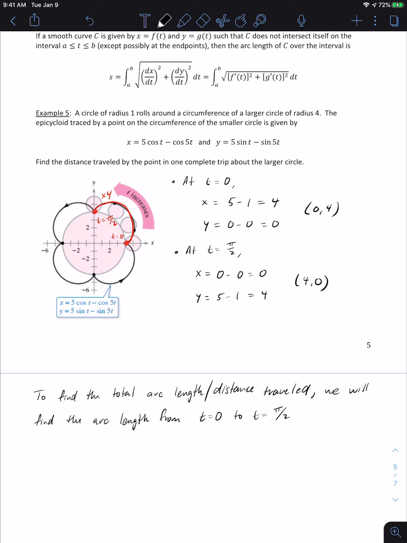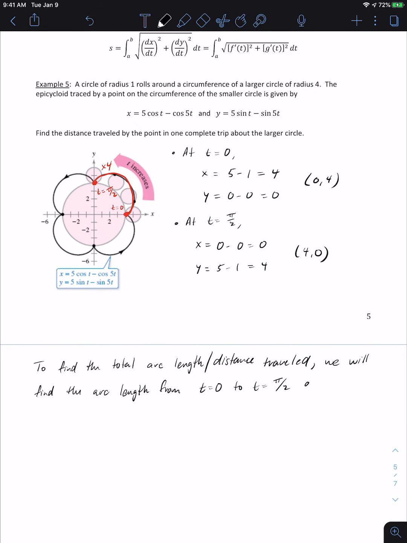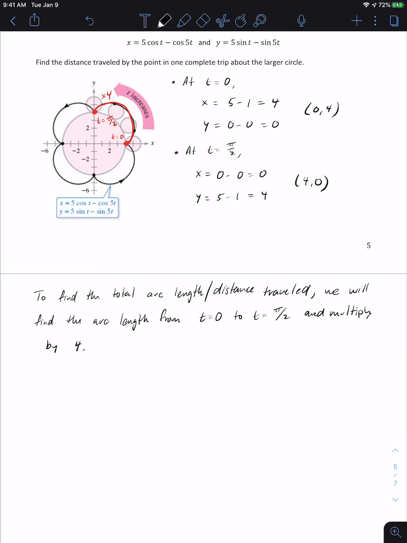Again, that's just that first clover, and multiply by 4. So that's our game plan.